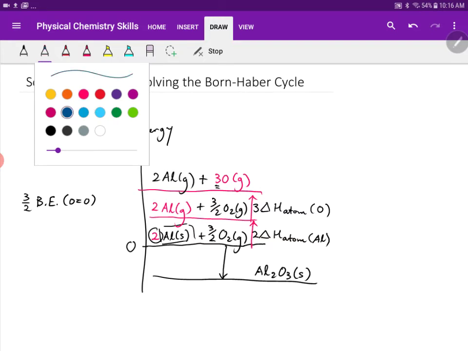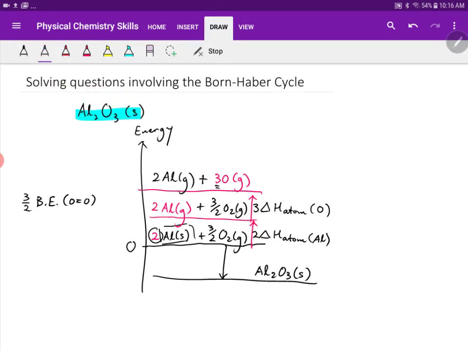Let's look at stage 2, where we want to create our gaseous ions. We know that Al needs to become Al3+. So what we are going to do is combine the first IE to form Al+, the second IE to form Al2+, and the third IE of Al to form Al3+.